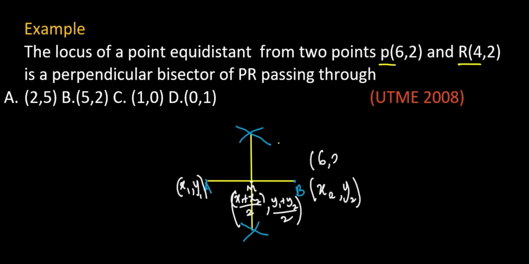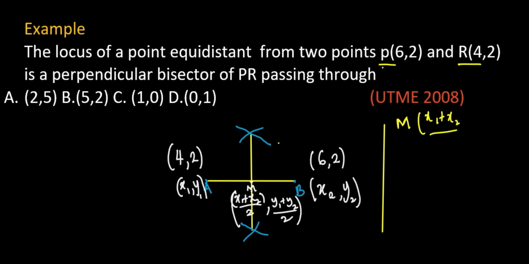Okay, so now we have P to be (6, 2) and R to be (4, 2) as well. To get the coordinates, we have M, which is ((x1 + x2)/2, (y1 + y2)/2). Of course, we should know that those are x1, y1, x2, y2.